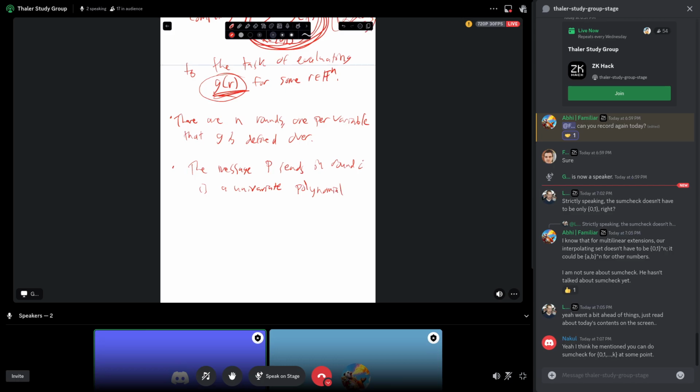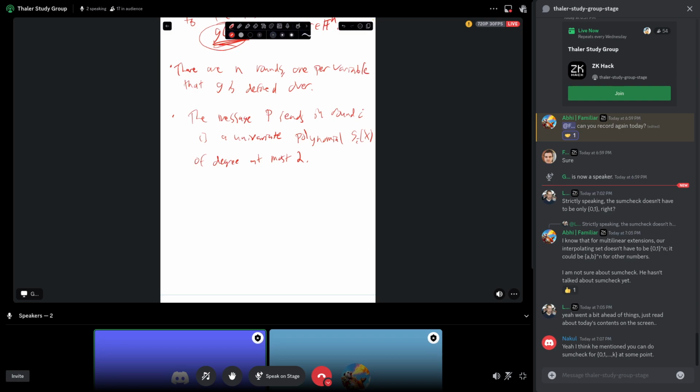This univariate polynomial, let me call it s_i, has degree at most 2 in its one variable, which means the prover can specify s_i by just sending 3 coefficients.